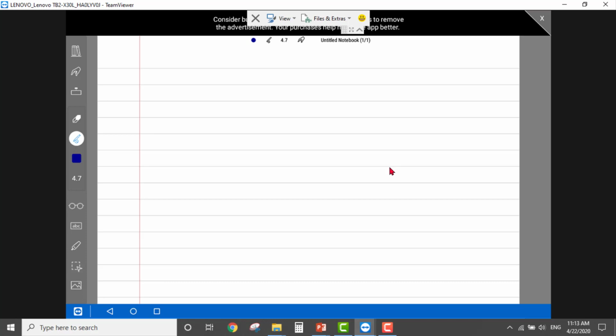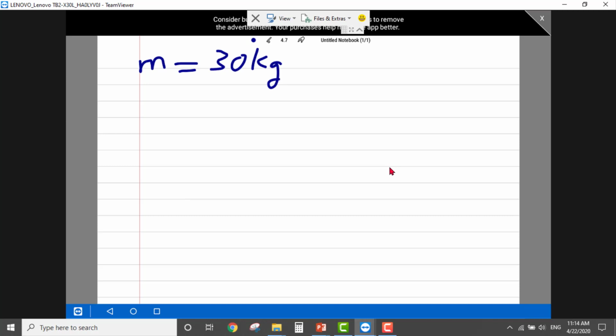First of all, let me write the given information. So we have mass of this wheel, which is 30 kilogram. Okay, and we have radius of gyration KO about point O, about the centroid, which is 400 millimeter, or I can write 0.4 meter.